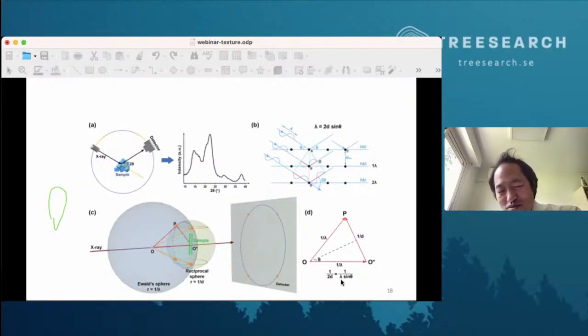So then if you have a sample, you draw where your reciprocal vector is in space, and you imagine a sphere where the origin is on the X-ray beam, and the sphere touches the sample, and you imagine where the sphere is touching this reciprocal vector.